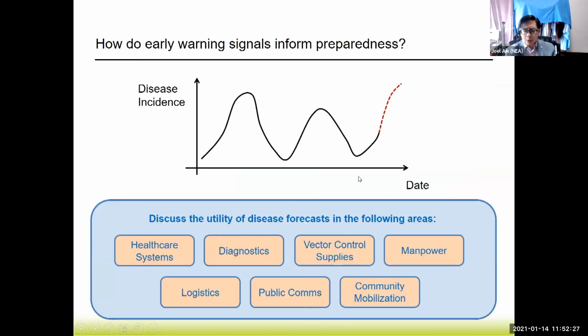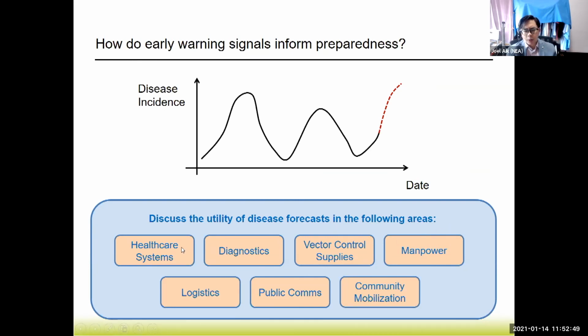Now I'm going to skip over this slide because of the limited time, but I think on your own, these are some questions that you could think about. So if you knew that the dengue incidence was going to rise at some point in time, what would be the utility of those disease forecasts in terms of the different areas?